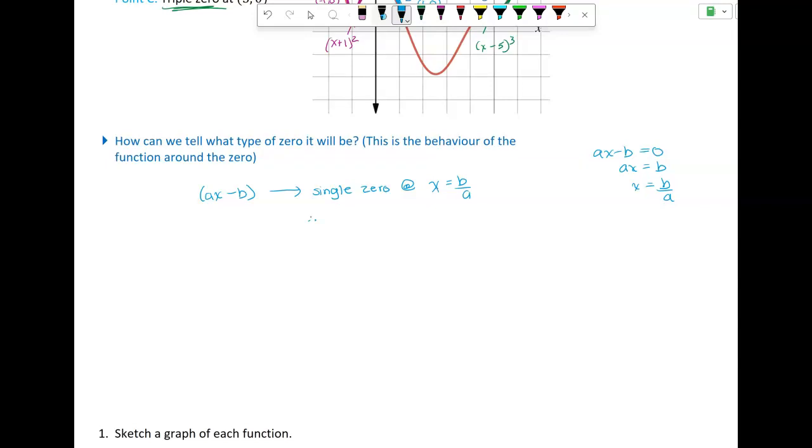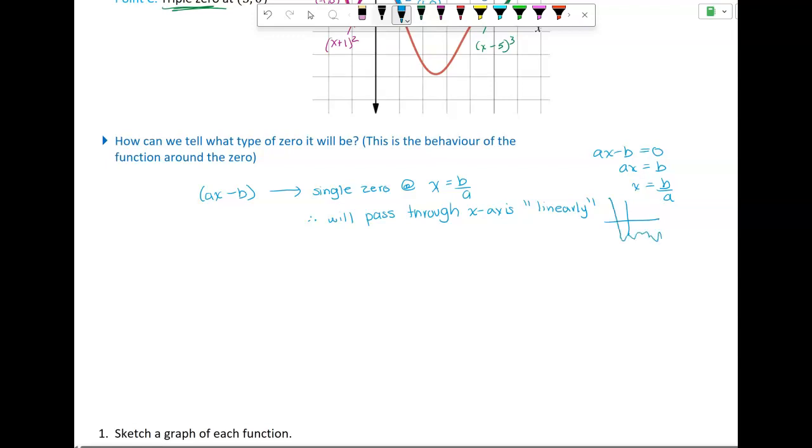And it will pass graphically through the x-axis in a line-like fashion, where it goes through the line like this. It can be doing whatever, and then it just goes through. That is a linear type of crossing of the x-axis.